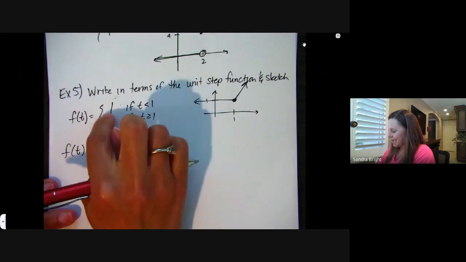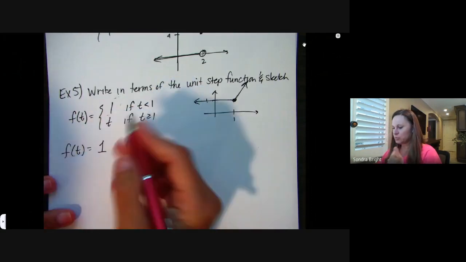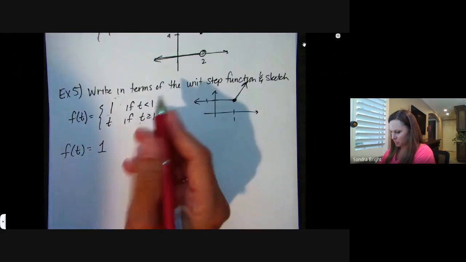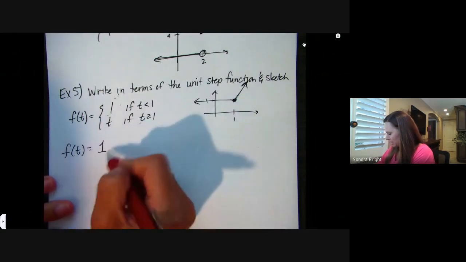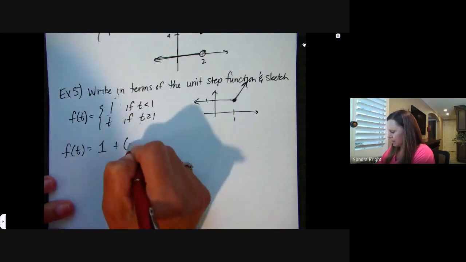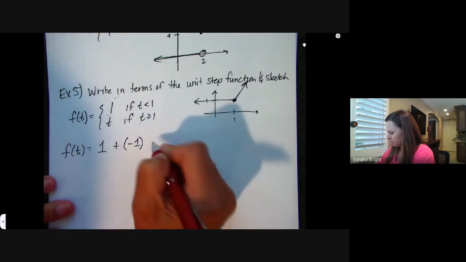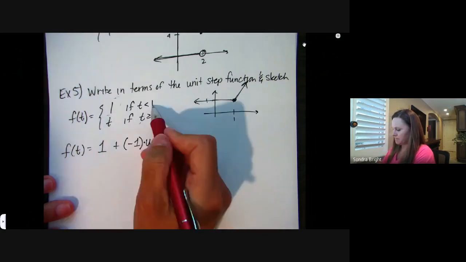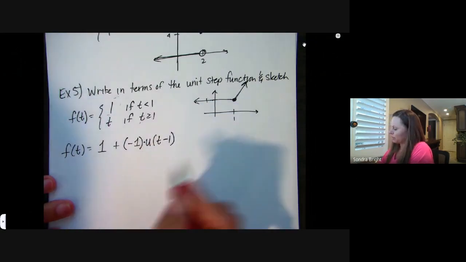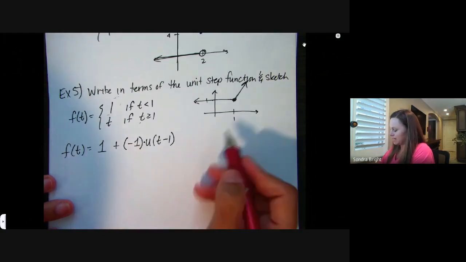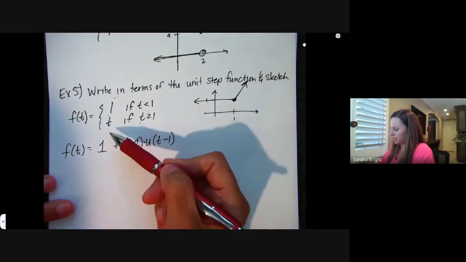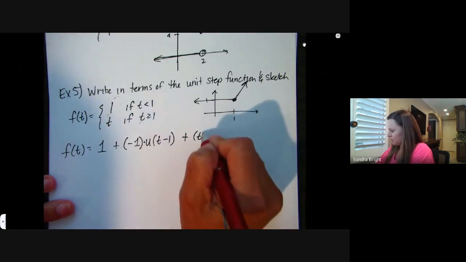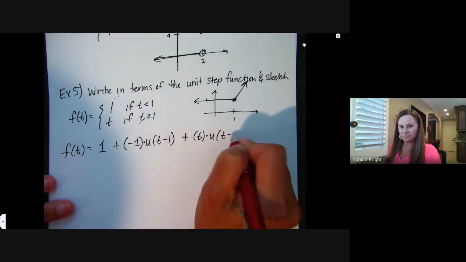And then at 1, you're going to turn off the first formula. So that means I need to undo this one. So I'm going to go plus -1 times u of t minus 1, right? And then you're going to turn on the second formula, which means you need to go plus t times the u of t minus 1.